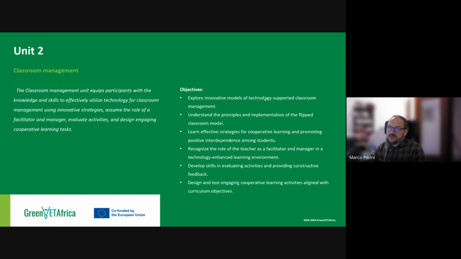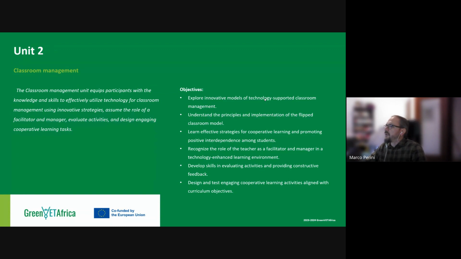In this unit, we will talk about the knowledge and skills to effectively use technology for classroom management, using innovative strategies, assume the role of a facilitator and manager, evaluate activities, and design engaging cooperative learning tasks.